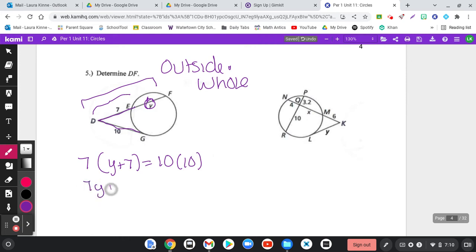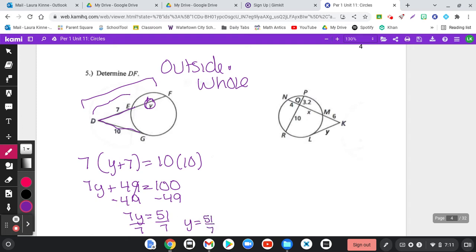So 7y plus 49 equals 100. We'll subtract 49 from both sides. 7y equals 51. Divide by 7. Okay, we get a nasty little decimal, so we'll leave it. If we hit math enter, it'll stay 51 over 7.